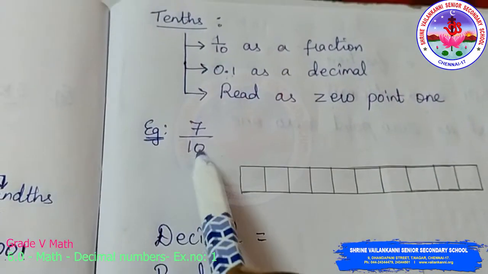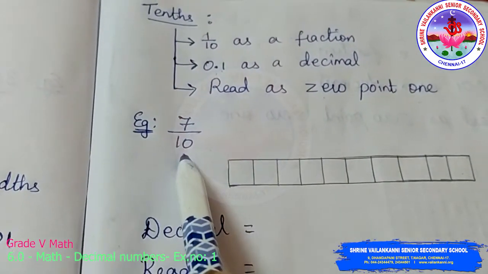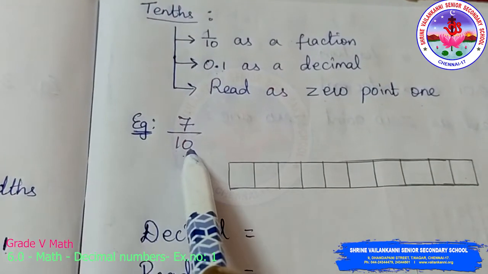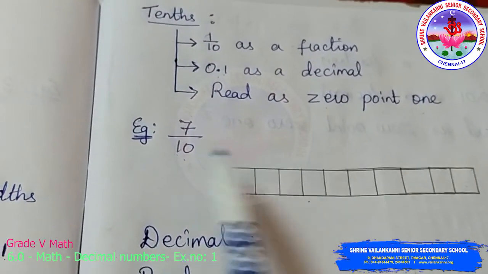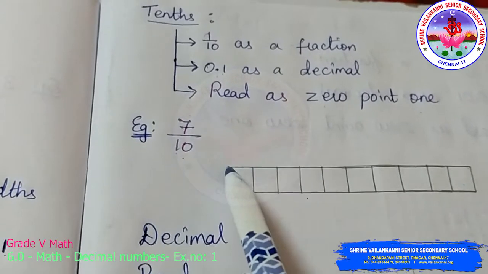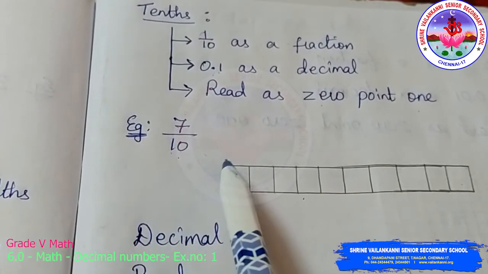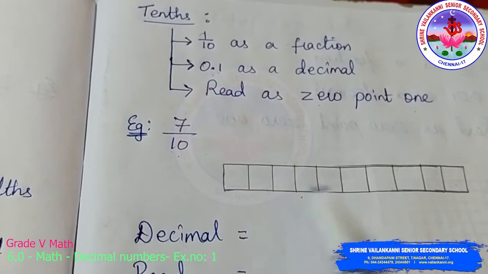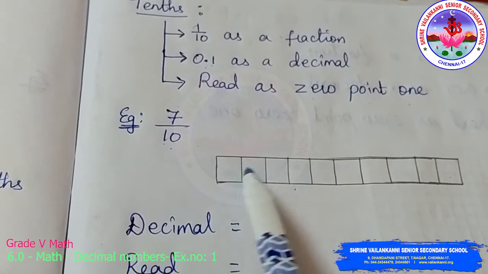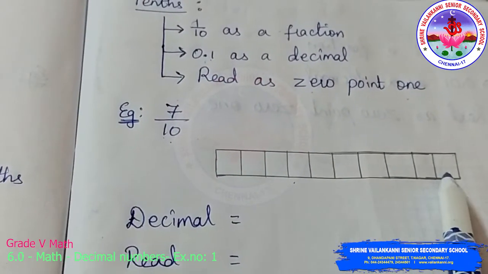And for example, now I took 7 by 10. I am going to show you in picture form. 10 is your denominator, so the one whole has to be divided into 10 equal parts. If you count, 10 equal parts will be there.